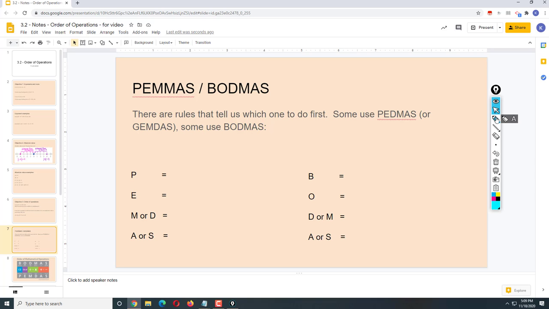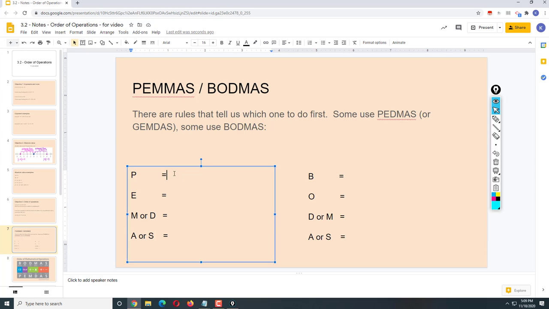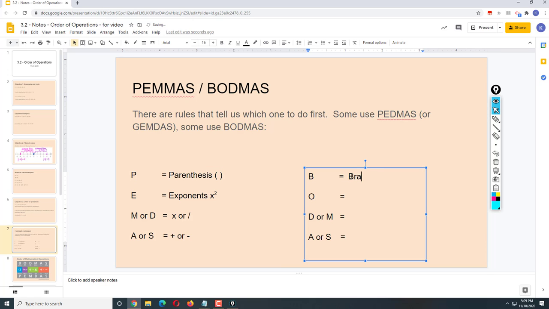In general, we can use the guidelines of PEMDAS, or parentheses, exponents, multiplication or division, addition or subtraction. Some countries use BODMAS, or brackets, like these, or these.